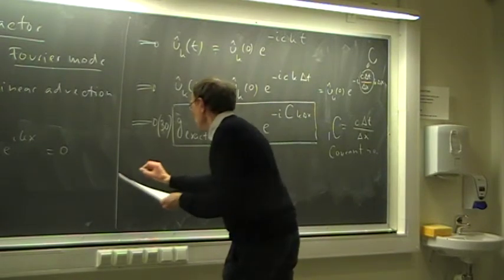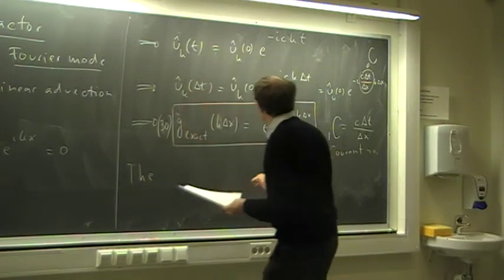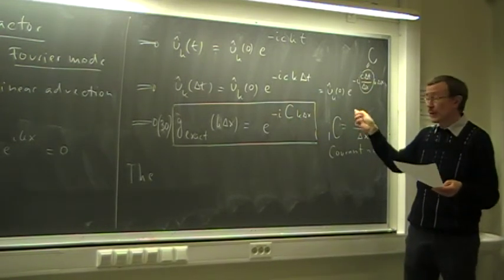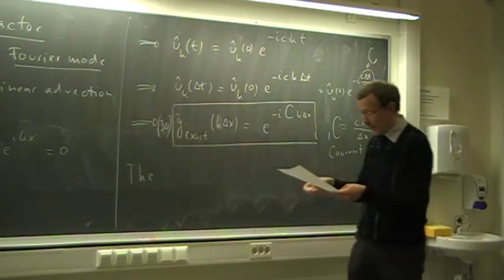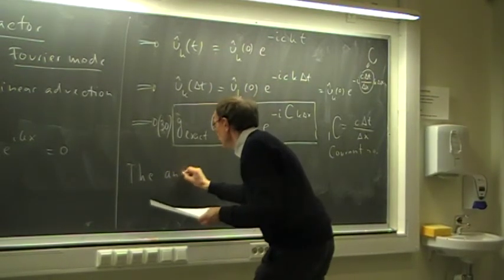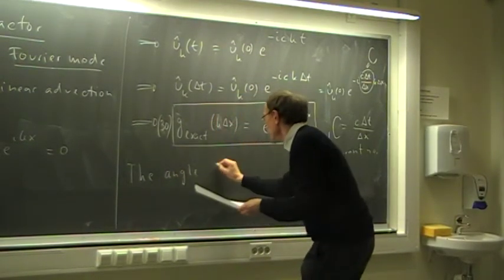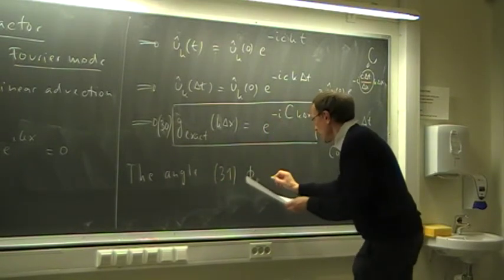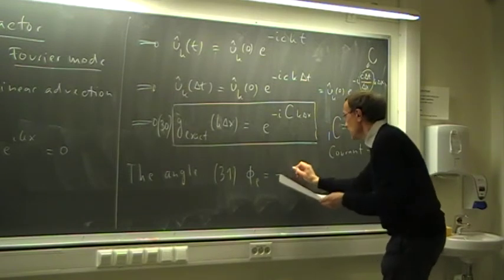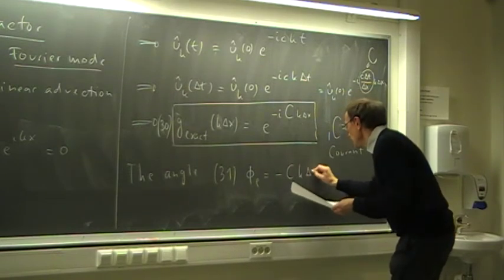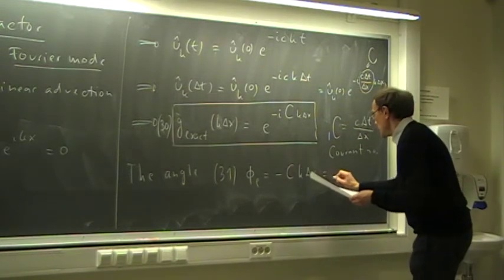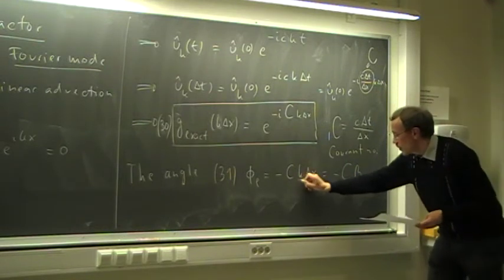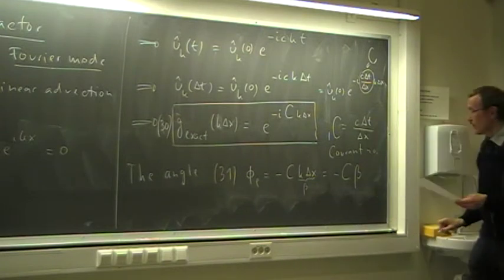You see why it is the angle: it is cosine of an angle plus I sine of the angle. So the angle that is coming in here, phi e, it is called e for exact, is minus c k delta x, which is c times beta when we use this abbreviation for beta.